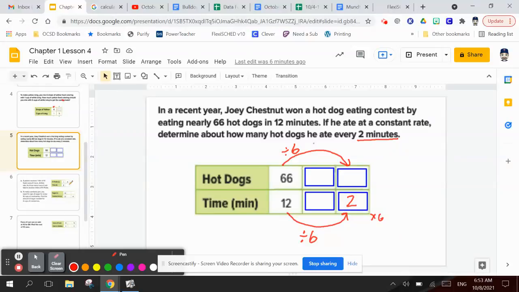If your sisters or brothers get candy, don't you think you should get candy too? It's only fair. So take 66 divided by 6, and I know that 6 goes into 6 once, and 6 goes into 6 once. So that means in 2 minutes, he eats approximately 11 hot dogs.